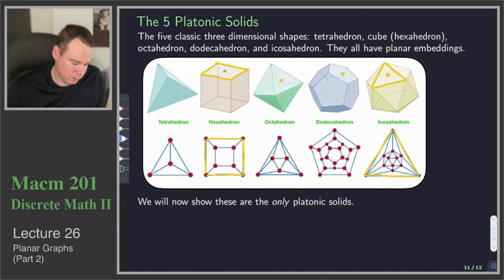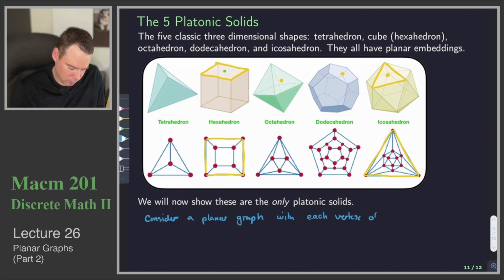Now what can we do with this? Well, we can extract from these planar graphs the common properties. So we'll consider a planar graph with each vertex of degree n, which we'll say is greater than or equal to 3.